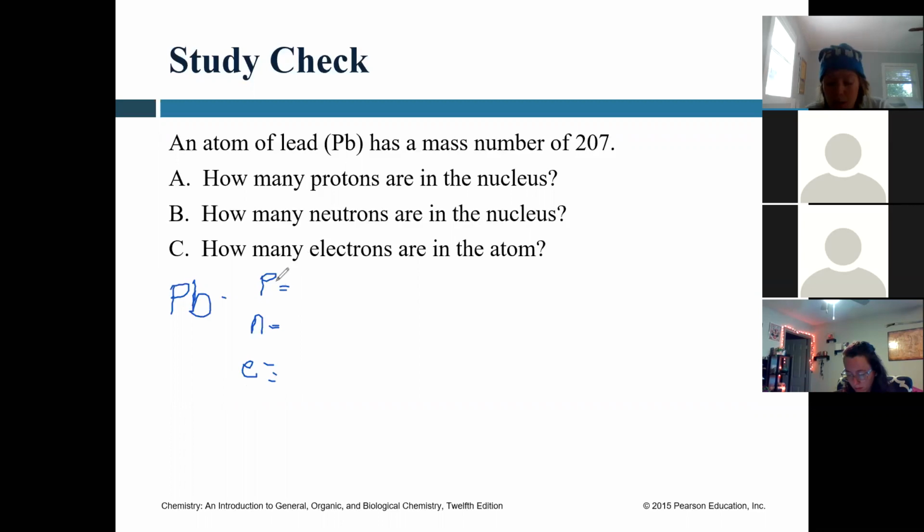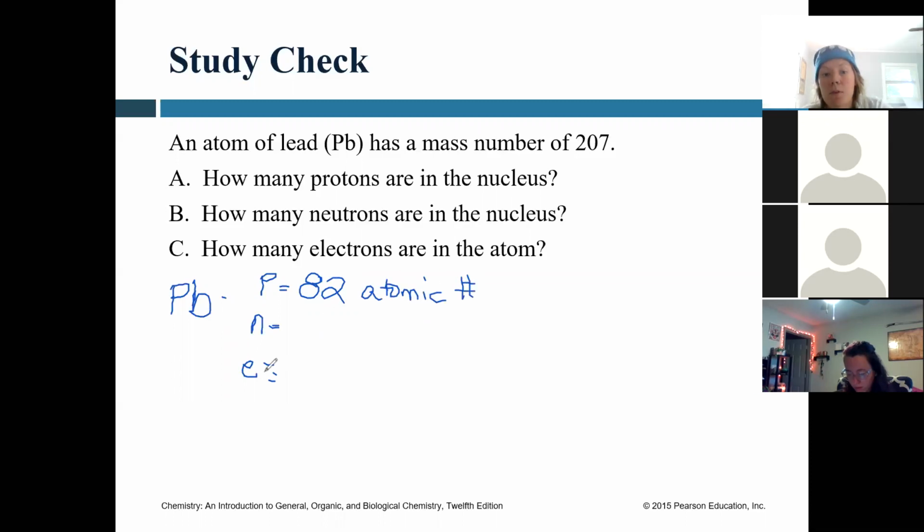Okay, so protons for lead, Pb, that is 82, because it's number 82, that's its atomic number. I'm going to skip over neutrons for a second. Electrons should also be 82 because this thing doesn't have a charge currently.